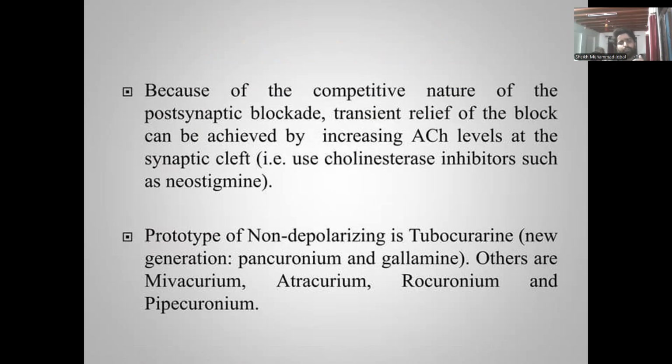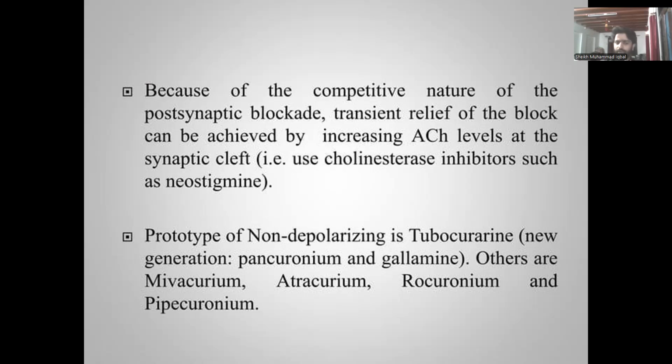You can use any kind of cholinesterase inhibitor. To reverse its effect, you have to increase the neurotransmitter. Once the neurotransmitter increases, it will try to take the position of the receptor and displace the blocker away. So we can use any acetylcholinesterase inhibitor.